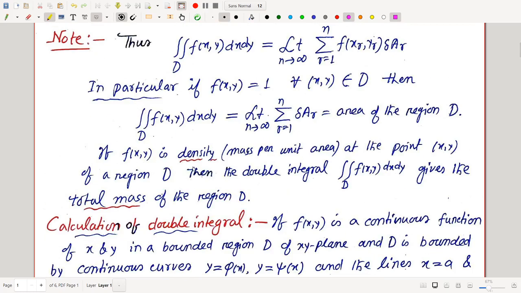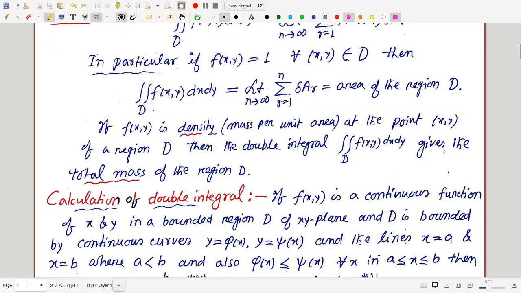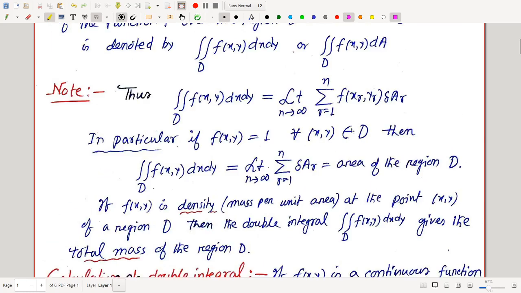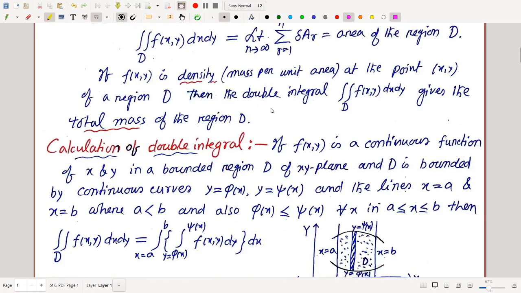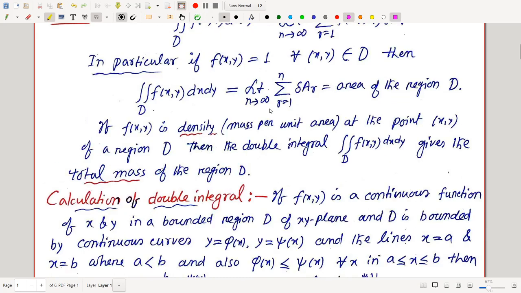Also, if f of (x,y) is considered as density, mass per unit area, at the point (x, y) of a region D, then the double integral of f of (x,y) dx dy over the region D gives the total mass of the region D. f of (xr, yr) is density, delta Ar is area, so density into area gives mass, and this is the sum of masses of the subregions, so it gives the total mass. So the double integral gives the total mass, a physical meaning you can say.